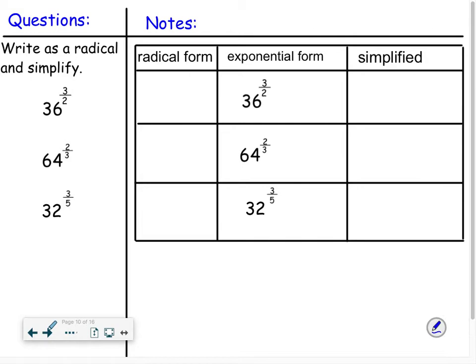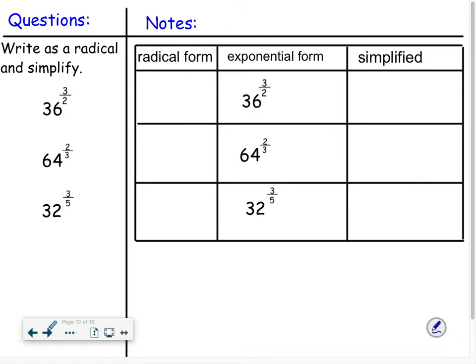All right, our first slide says write as a radical and simplify. So radical form. We've talked about radical form a little bit, and we said that radical form means that you are going to have a root in it, like a square root, cube root, fourth root, fifth root, something like that.